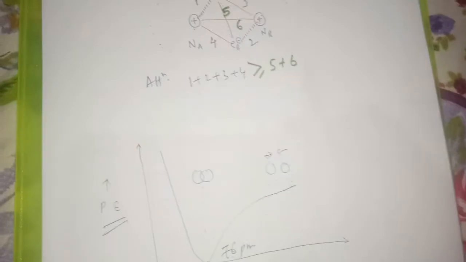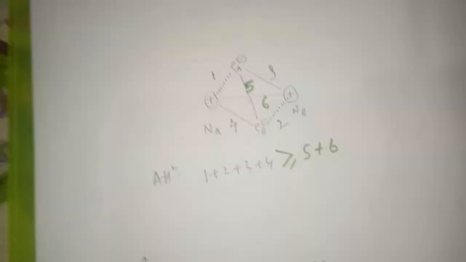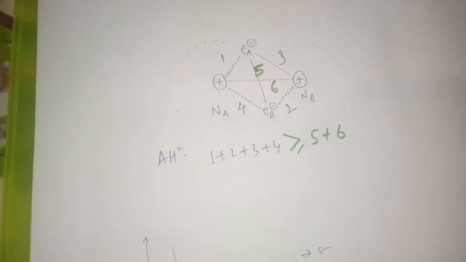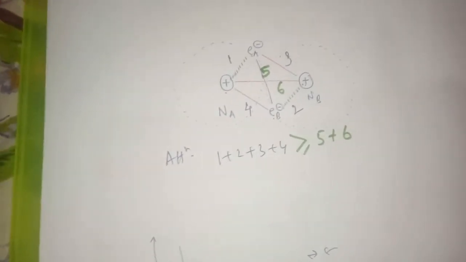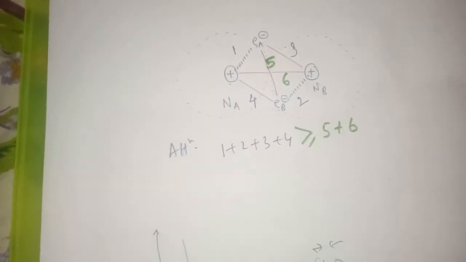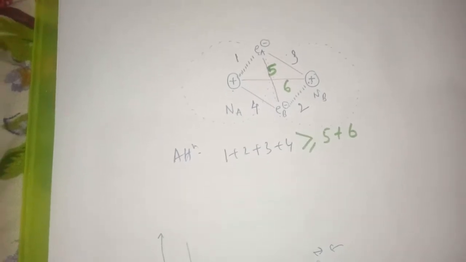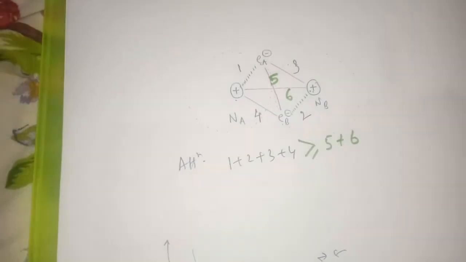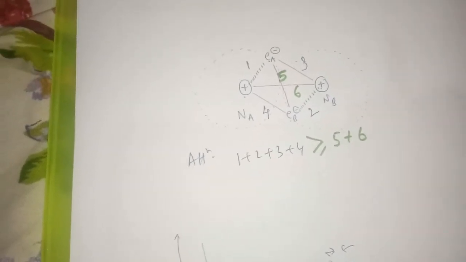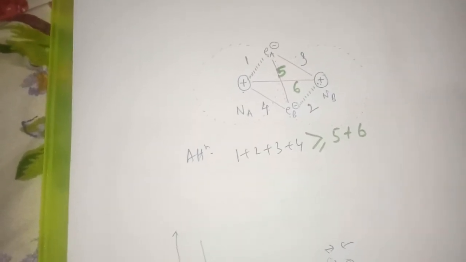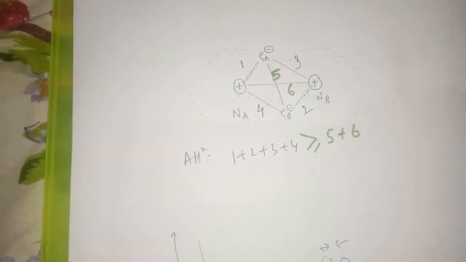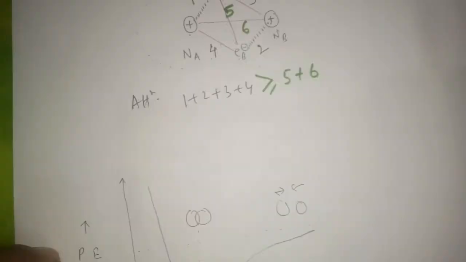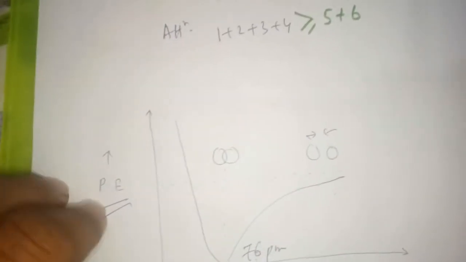When these atoms come closer, new forces are developed. 1, 2 already exist. 3 is between the nucleus and electron of the other atom, and 4 is also between the nucleus and electron of the other atom. 1, 2, 3, 4 are the net attraction, and 5, 6 are repulsion: electron repulsion, nucleus repulsion. If net attraction is more than net repulsion, then bonding occurs. So this is what we have learned.